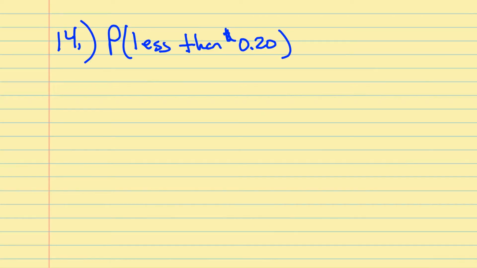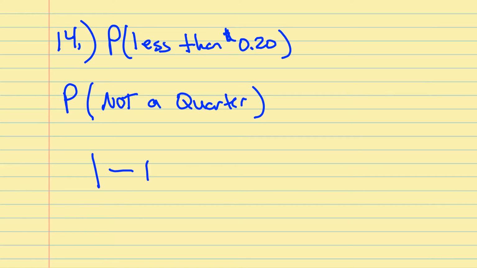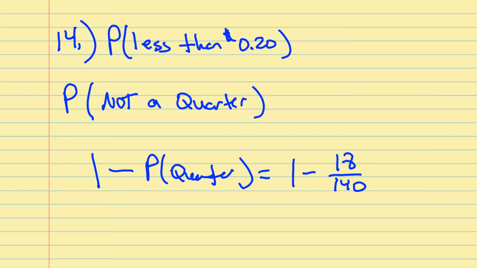So 14, I just did it on a new page, so it's a little bit easier to read. The probability of less than 20 cents, I'm going to say that's the probability of not a quarter. Now, you guys remember, whenever you have not, you can do 1 minus the probability of a quarter. So I'm going to do 1 minus 18 over 140.